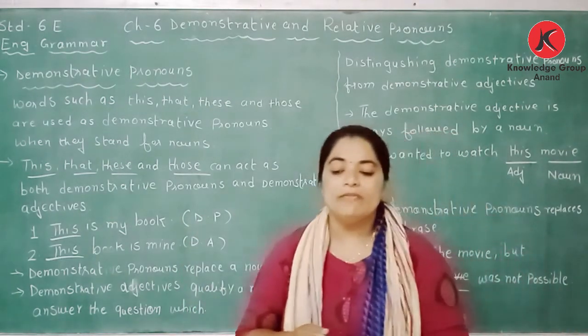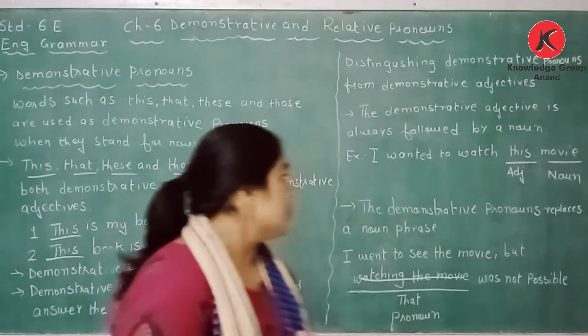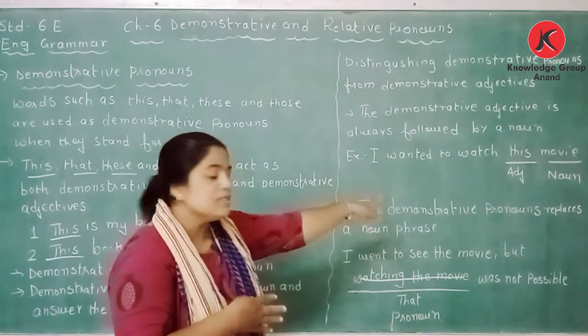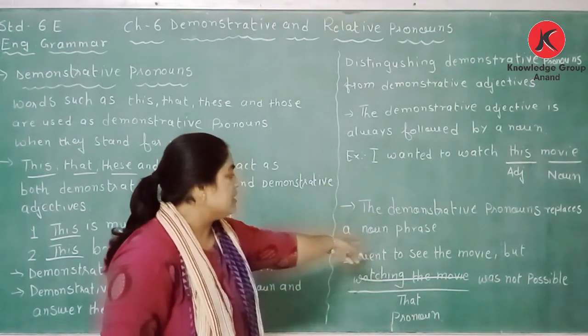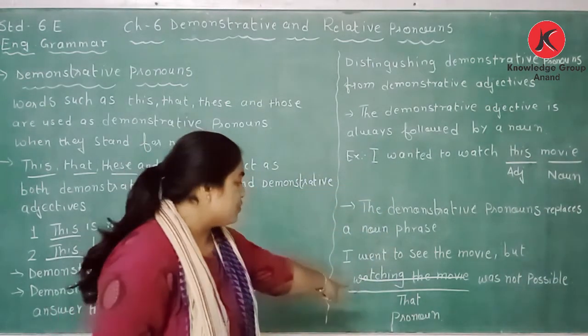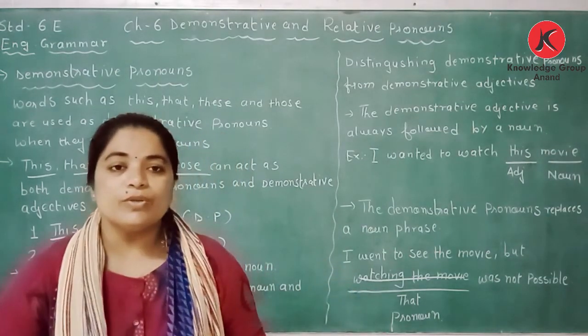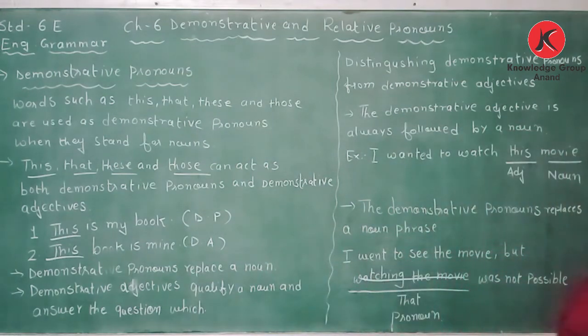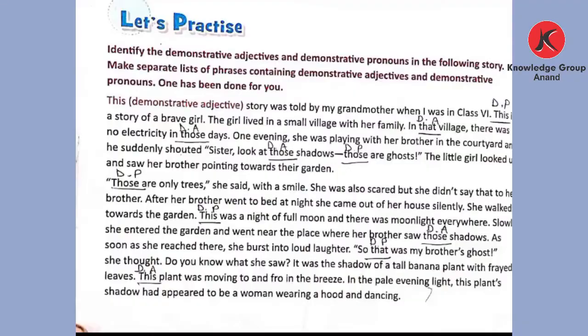So the difference: a demonstrative adjective is always followed by a noun in the sentence, and a demonstrative pronoun replaces a noun phrase too. Dear students, these are the points that you have to complete in your notebook.